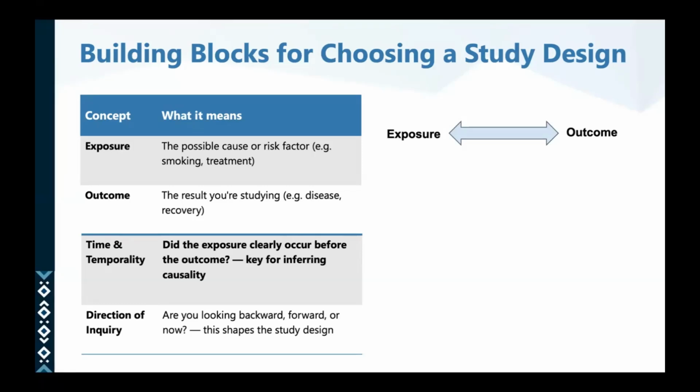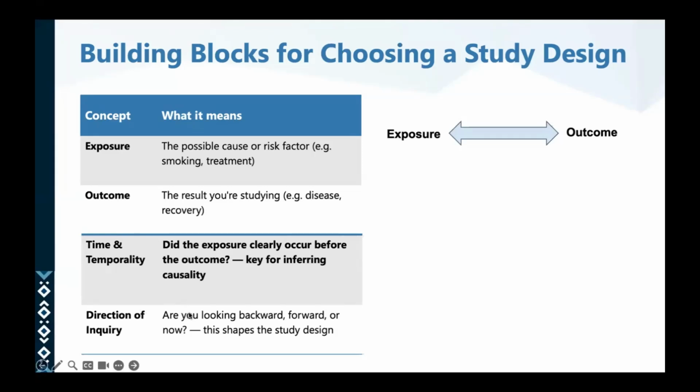For you to really establish causality, or cause and effect, the exposure has to come before the outcome. So temporality is very, very important. Usually early beginner researchers do something like a cross-sectional study, which cannot clearly establish that an exposure came before an outcome. And they try to say that something caused another, which they cannot say for that study design. So it's very important to understand the idea of temporality.